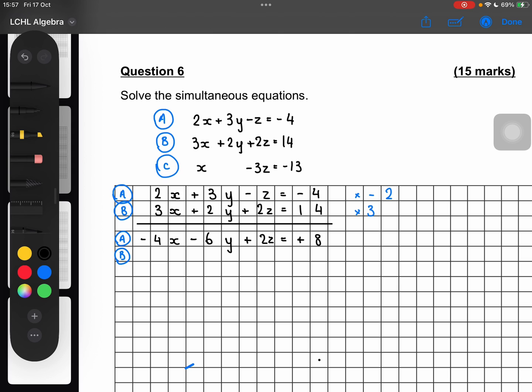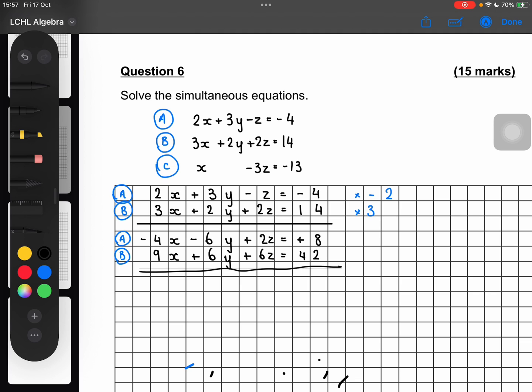Okay, equation B is now going to be 9x plus 6y plus 6z is equal to, and then 14 by 3 is 42. Okay, so now because they have the opposite signs, I can add the lines together.